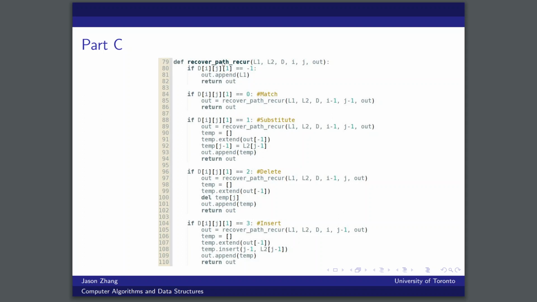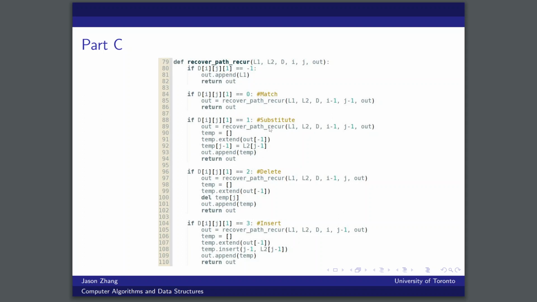And this function will recursively build out. As you can see, it takes in the variable out as an input to the function. So originally we'll start with an empty list, and every time the function is recursively called, it receives a new out list, and it appends a new element for every operation, and it returns it.